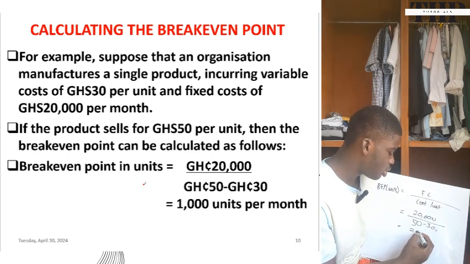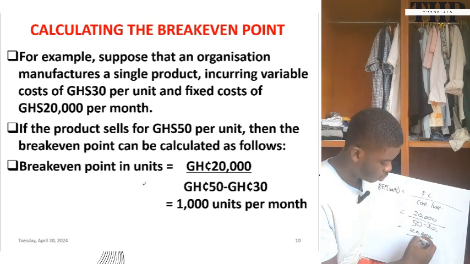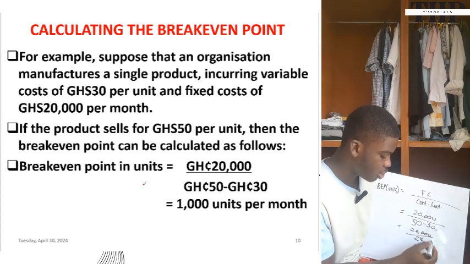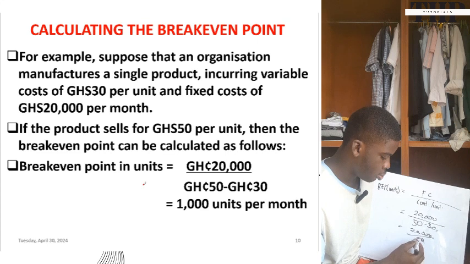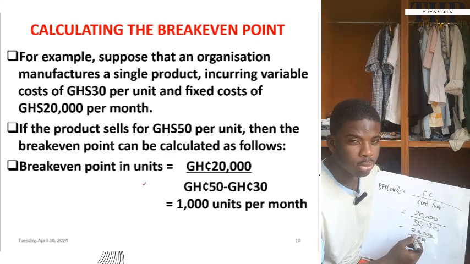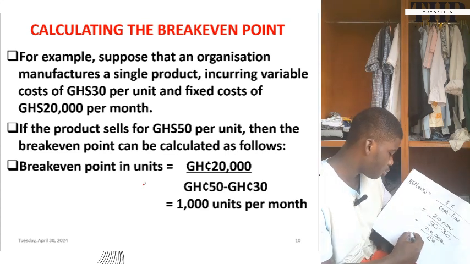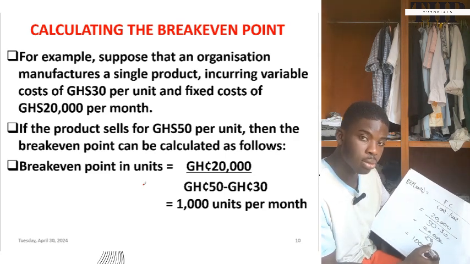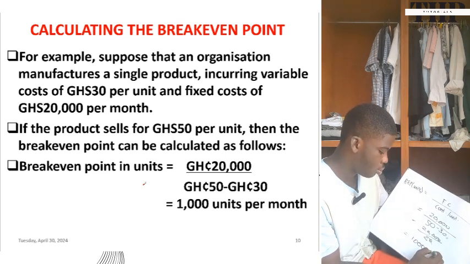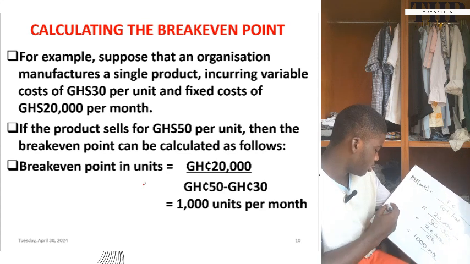That gives us 20. So 20,000 over 20 gives 1,000 units.